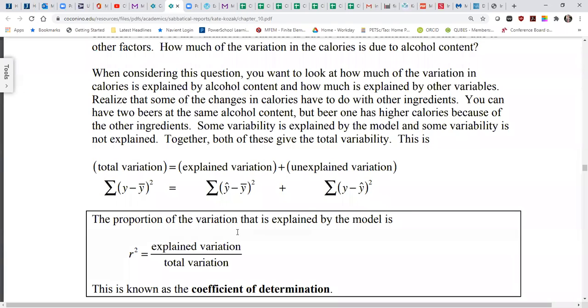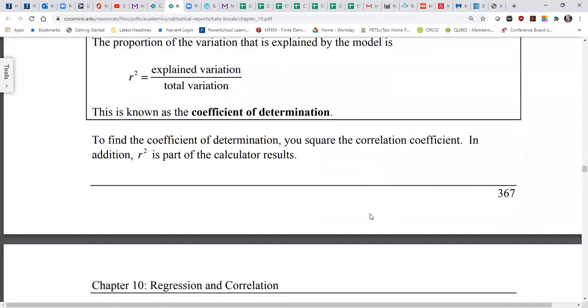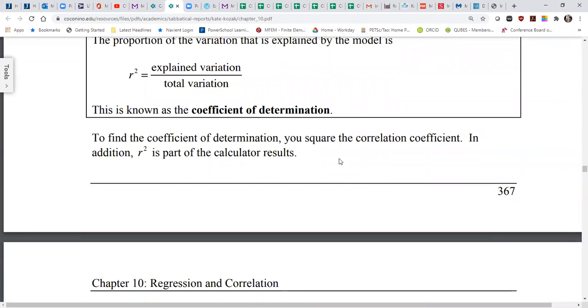So the proportion of the variation explained using this model, we call it the coefficient of determination, or R squared. So you can find the correlation coefficient using the coefficient of determination.